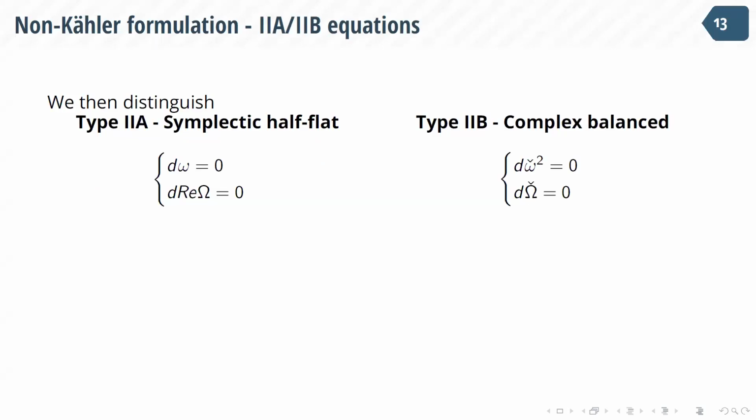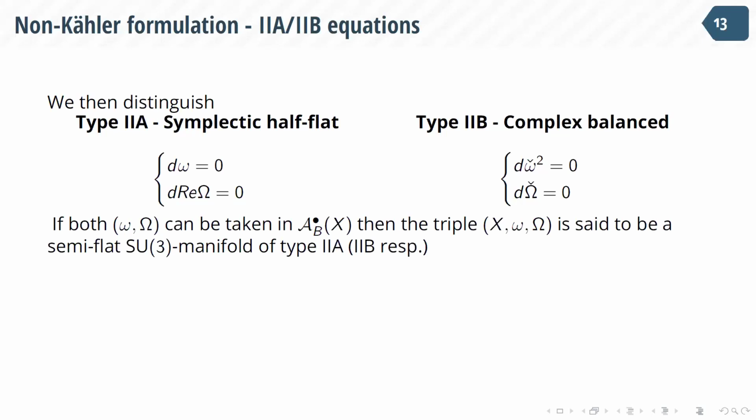So we can distinguish two different geometries. On one side, we have the type 2A equation, also called symplectic flat, and on the other side, the type 2B equation, also called complex balanced. And if moreover both the forms can be taken in the subset of the semi-flat differential forms, we say that the SU3 structure is semi-flat, eventually of type 2A or 2B.